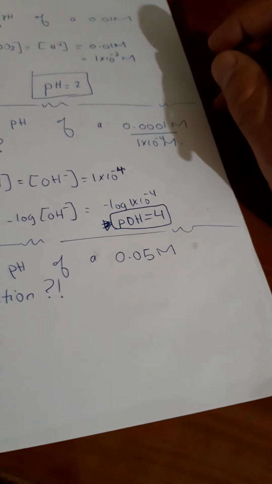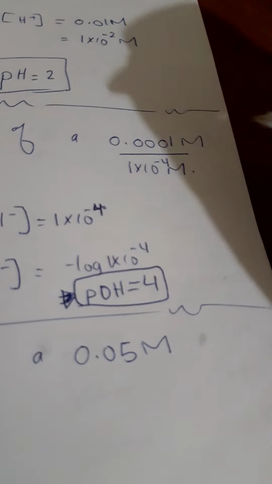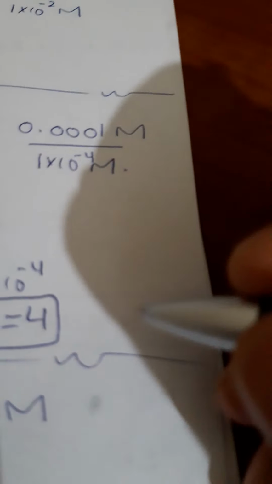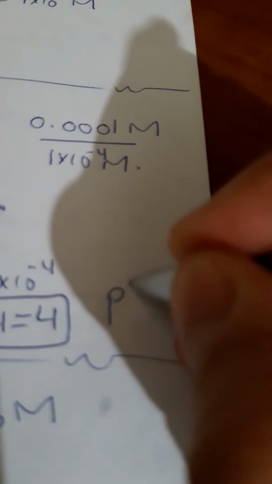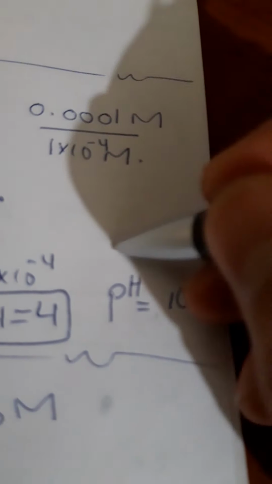But be careful that the question is not asking about pOH. The question is asking about pH. Okay, pOH equals 4. Then using the equation that says pH plus pOH equals 14, you could find that pH equals 10.